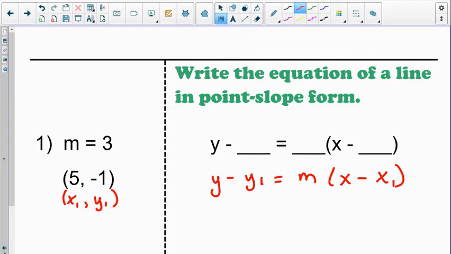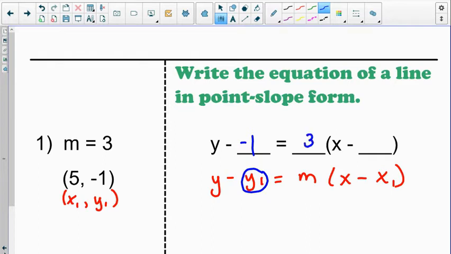If you did not do that earlier, please copy that down now or go back and pause the video to get that. All we have to do is do a little substitution. So the value of y sub 1, if we look over at our given information, the y coordinate is negative 1. So we're going to replace y sub 1 with negative 1.